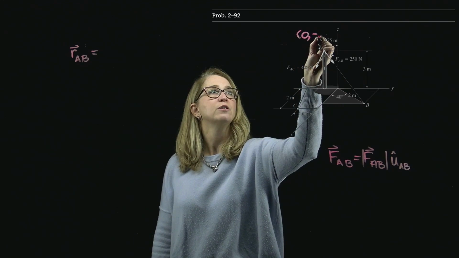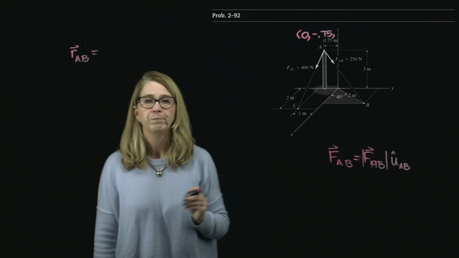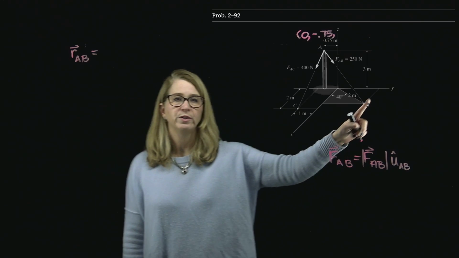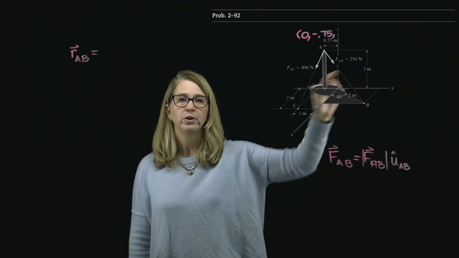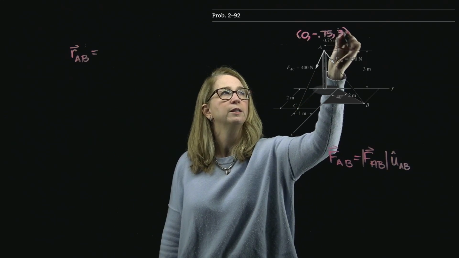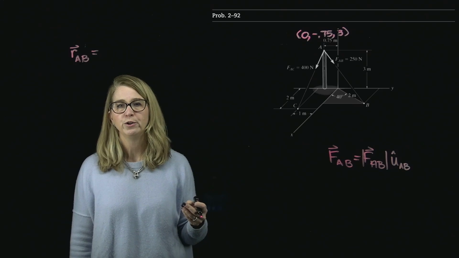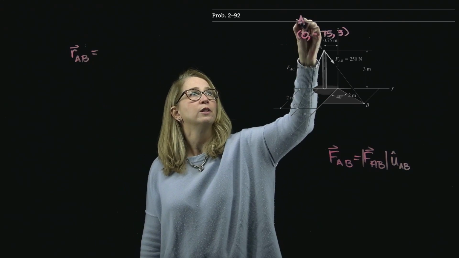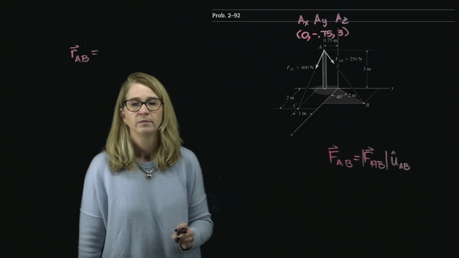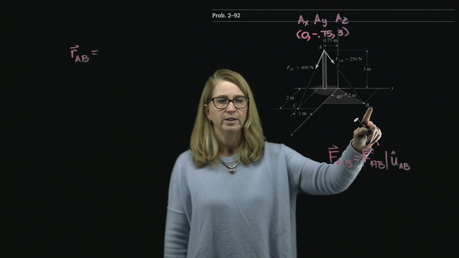So the y direction is minus 0.75. And finally, it's at the tip of the vertical pole, which is labeled as being 3 meters high, and so its z-coordinate is 3. All right, so those are going to be useful for me to use. These are really AX, AY, and AZ, those coordinates.